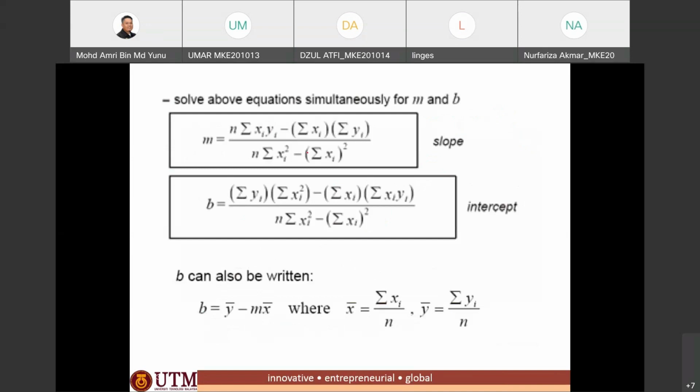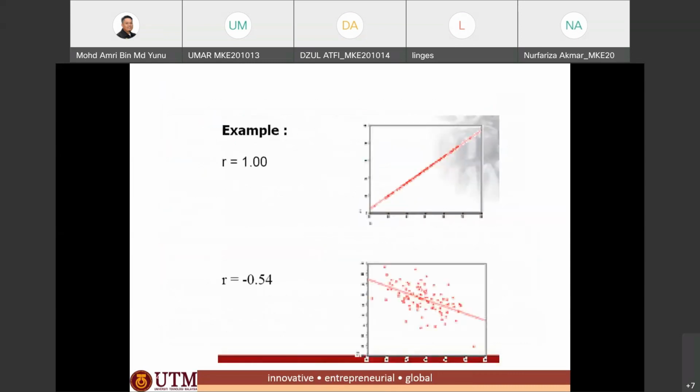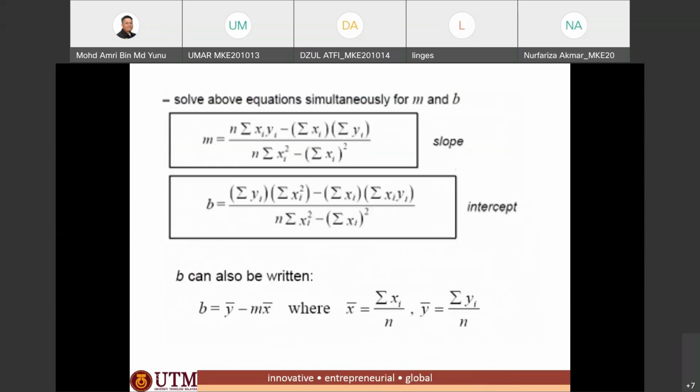To determine the m value: n times the sum of x multiplied by y, minus the sum of x multiplied by the sum of y, divided by n times the sum of x squared minus the square of the sum of x. So this is the equation. I'll show you an example of how we can use this data in Excel, because we can compare. Hang on.